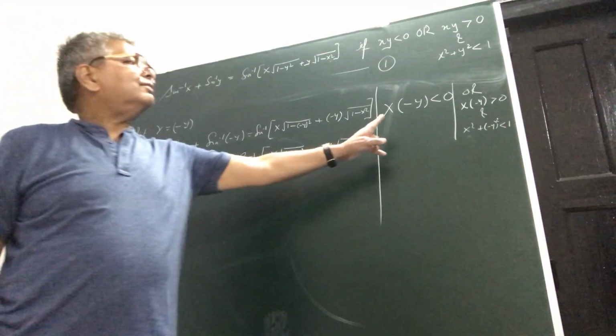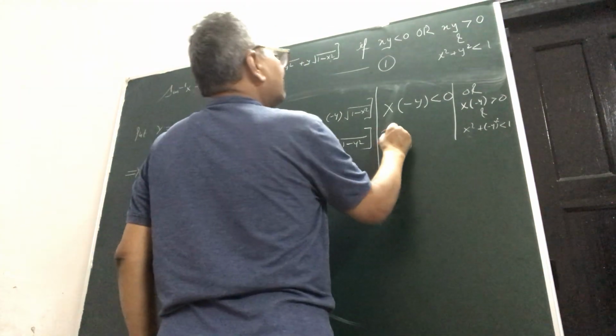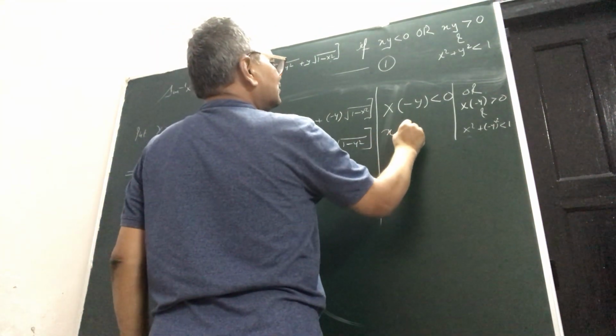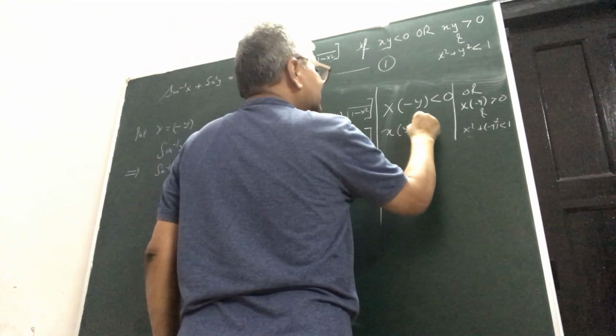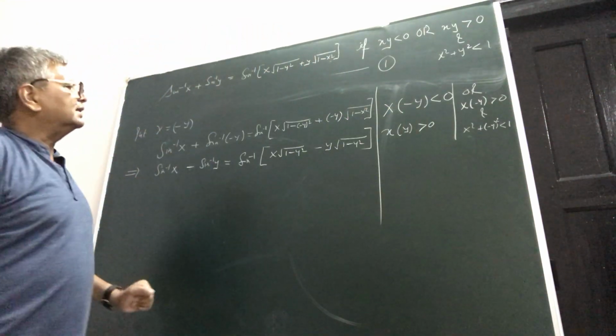And please see, x minus y is less than 0. Let me multiply with minus sign, so what will I get? xy, instead of less than 0, will become greater than 0.